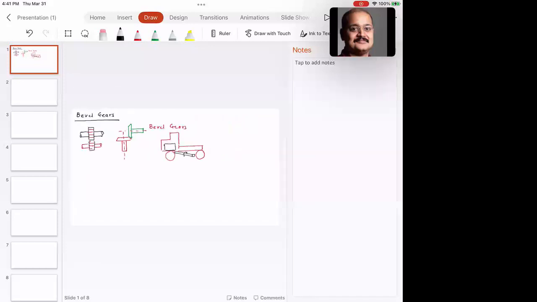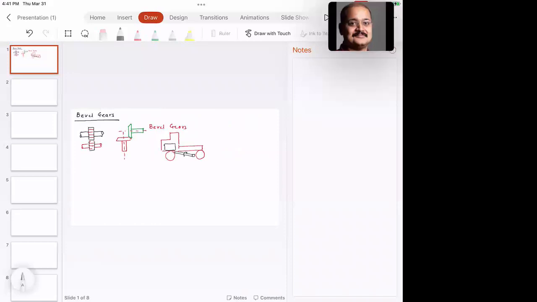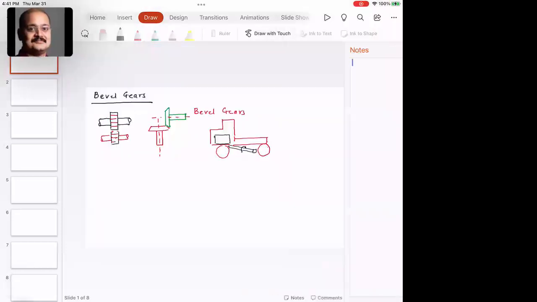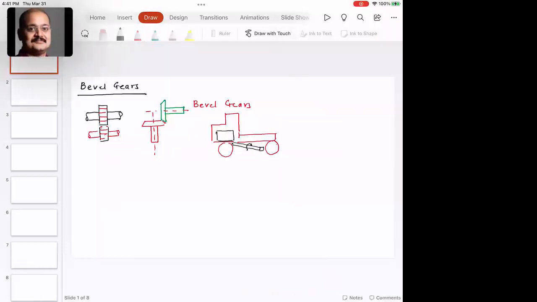Here, you have something that, if you talk to an automotive mechanic, they call a pumpkin. This is the differential housing in which this gear is located.